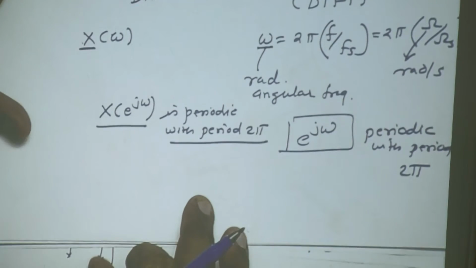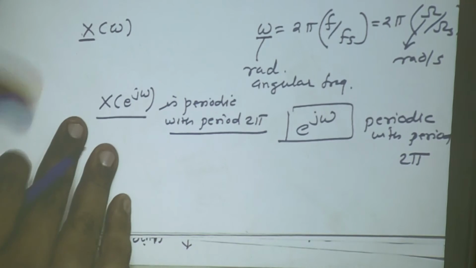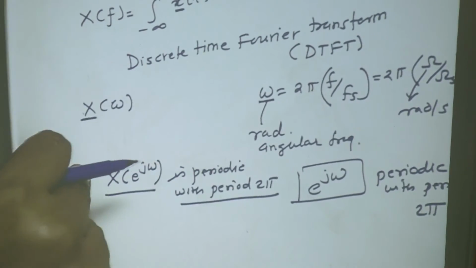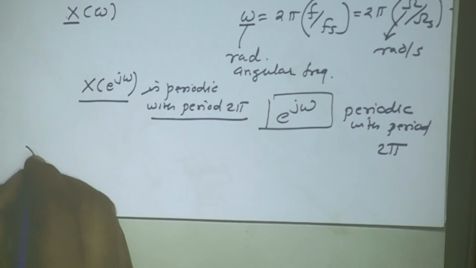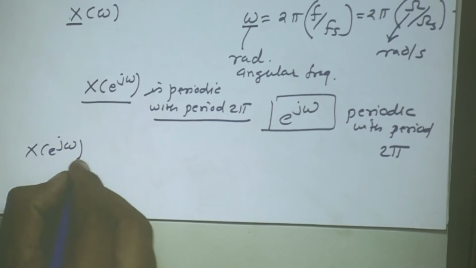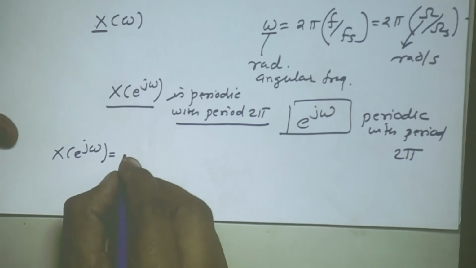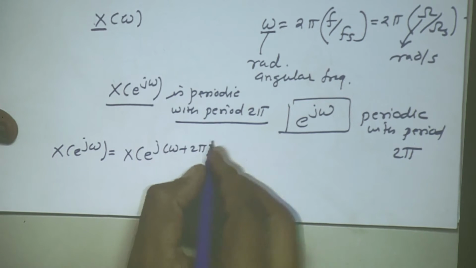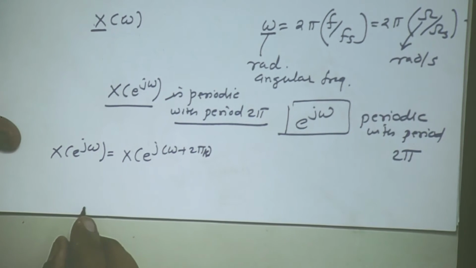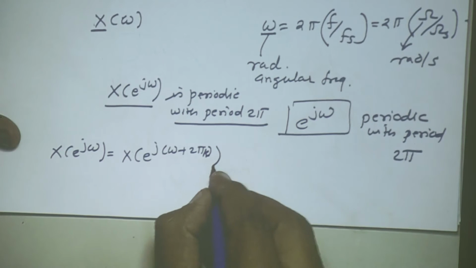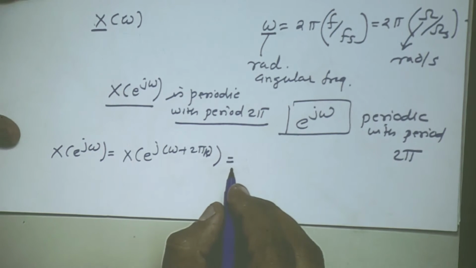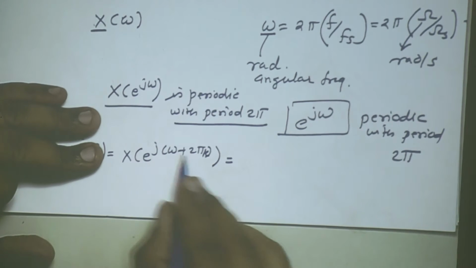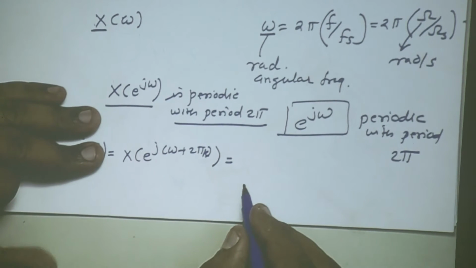Now let us prove that X of e to the power j omega is indeed periodic. When I say it is periodic, I would write X of e to the power j omega plus 2 pi k. This will be equal to, now I write only the right hand side, with everywhere omega replaced by omega plus 2 pi k.